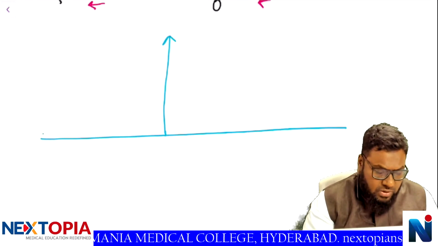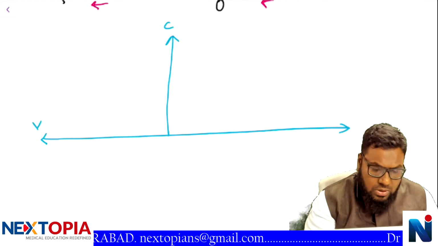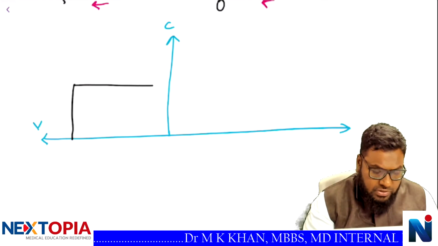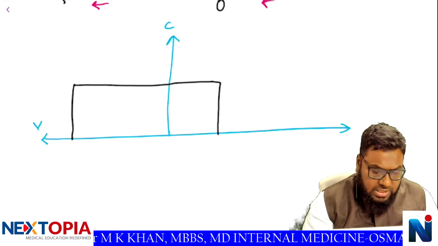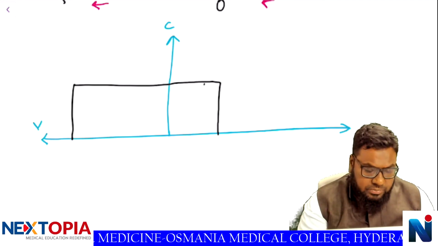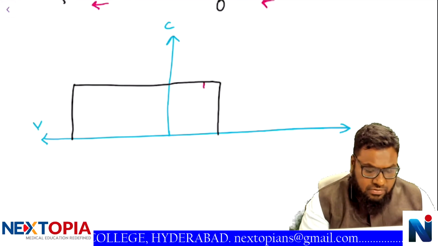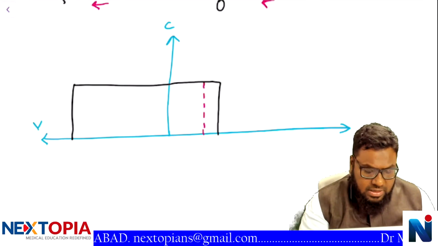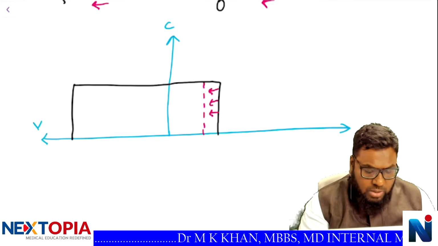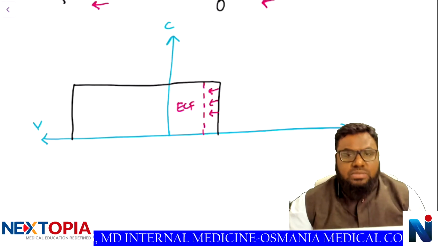On the y-axis we have concentration, on the x-axis we have volume of water. We all know that the ICF is 2/3 and ECF is 1/3. Suppose there is no change in concentration, but only ECF fluid loss has occurred. So the volume of extracellular fluid has decreased.